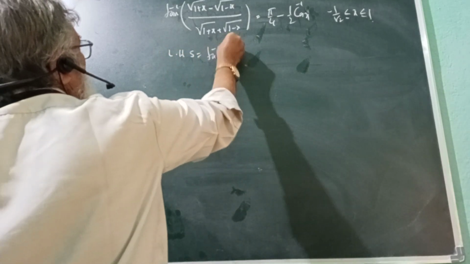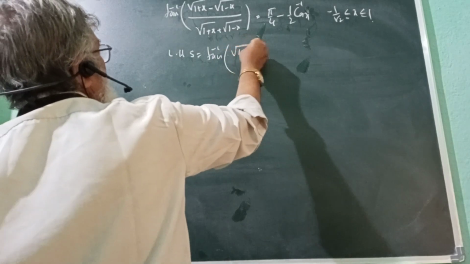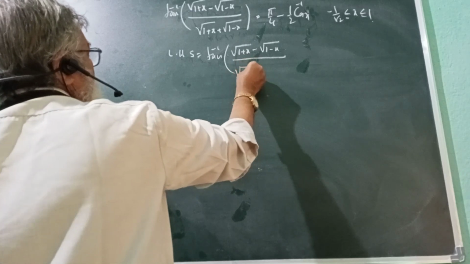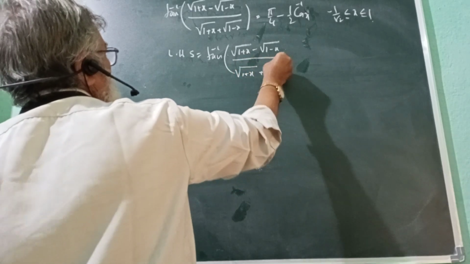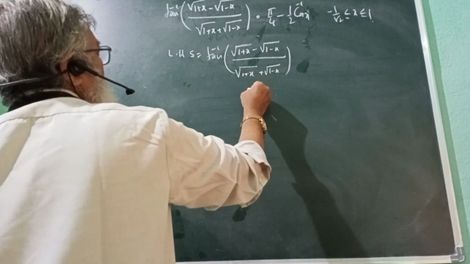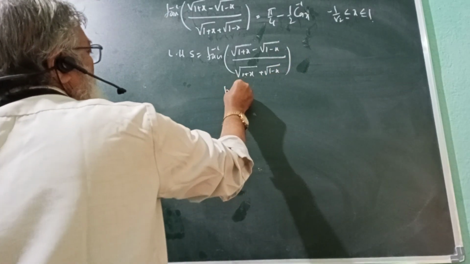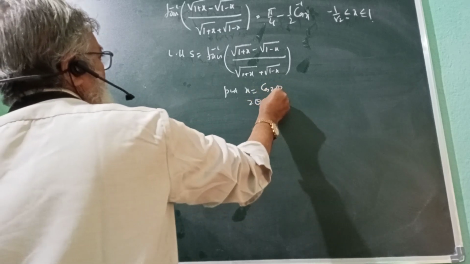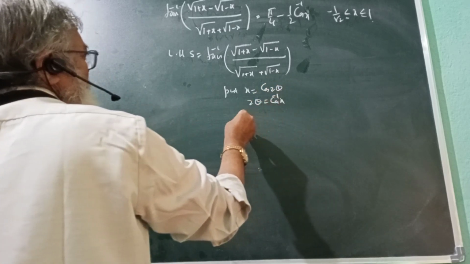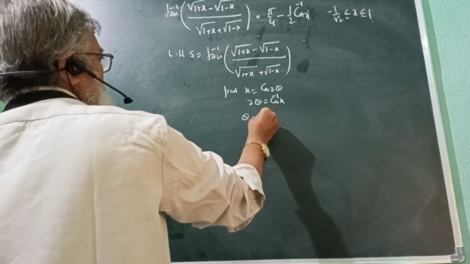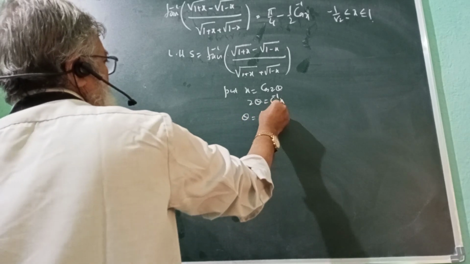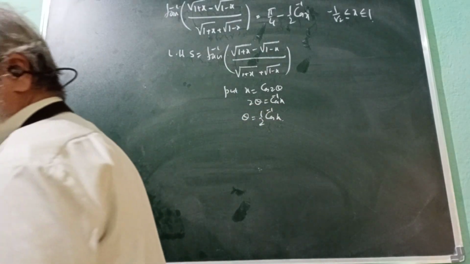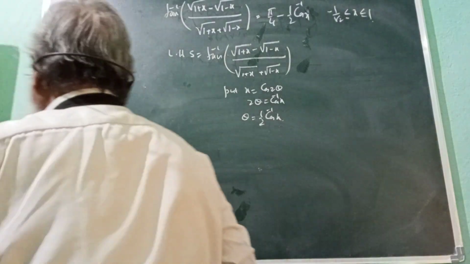Tan inverse of root 1 plus x minus root 1 minus x by root 1 plus x plus root 1 minus x. Here we put x is equal to cos 2 theta, or 2 theta is equal to cos inverse x, or theta is equal to 1 by 2 into cos inverse x. Now let us substitute this in our problem. So let us simplify this.